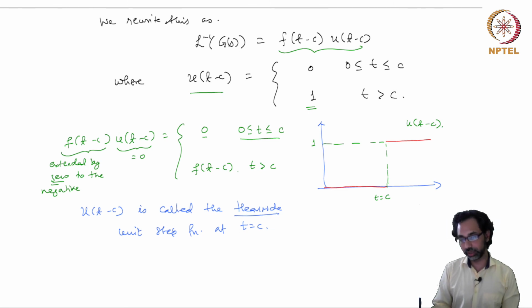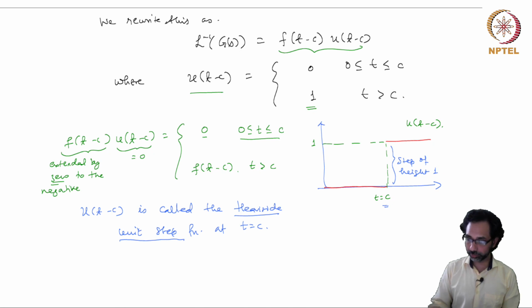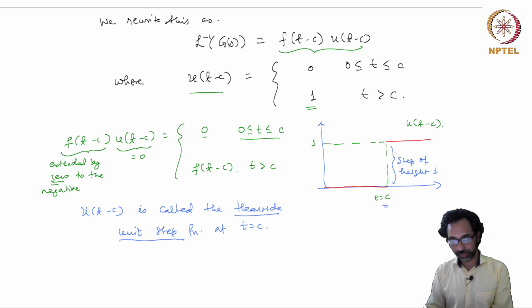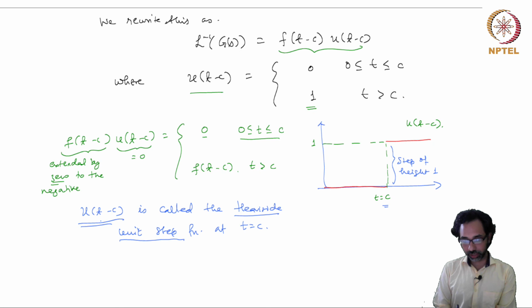This is named after the mathematician Oliver Heaviside, and it's called the unit step function because it takes a step of height 1 at this point t equal to c. This function is very useful, especially in electrical engineering, and we will see how we can compute the Laplace transform of this function.